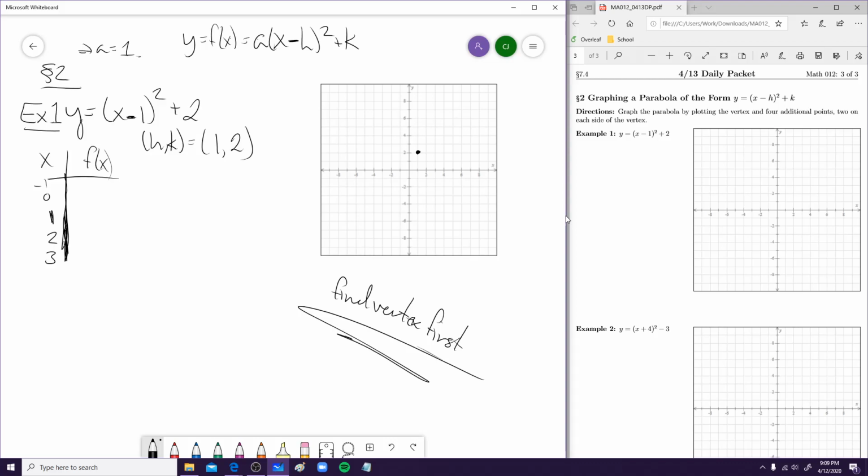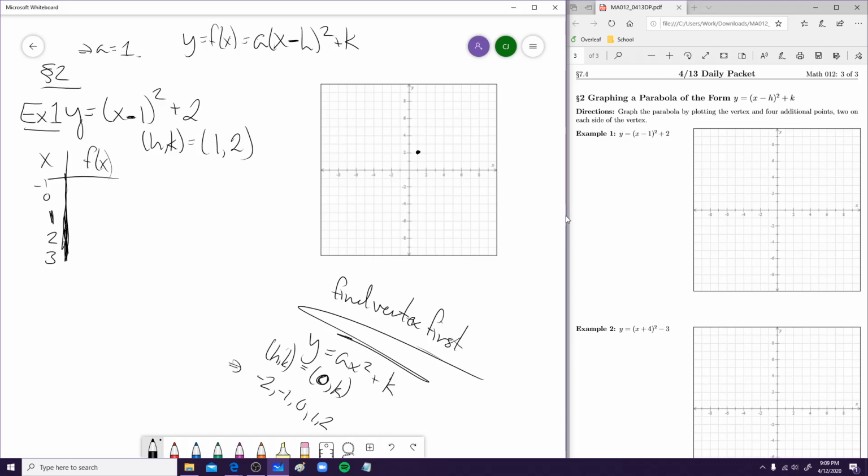It was misleading for when y is equal to ax squared plus k, because our vertex, when it looks like this, is always going to be (0, k). When our function looks like y equals ax squared plus k, we know that x is always 0, so you can always use -2, -1, 0, 1, 2.